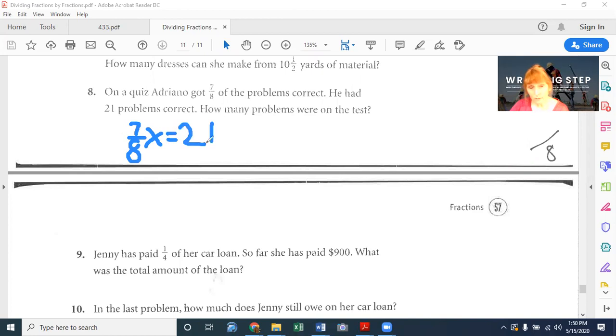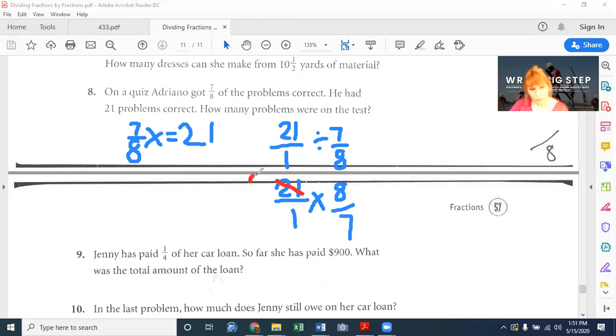That's the same as doing what we did before in our steps. 21 over 1 divided by 7/8, which is the same as 21 over 1 times 8/7, right? 8/7.